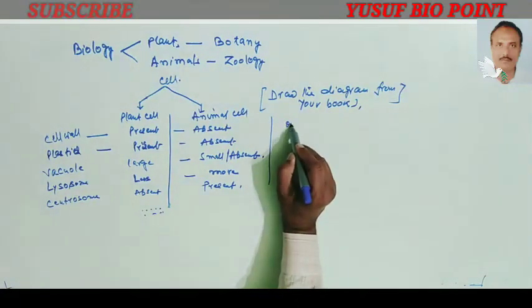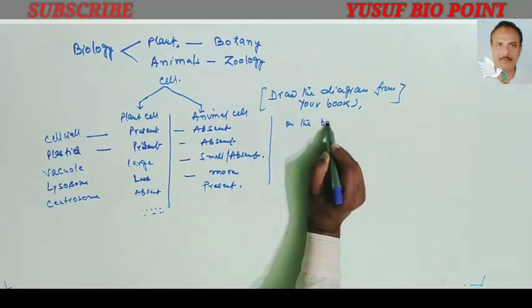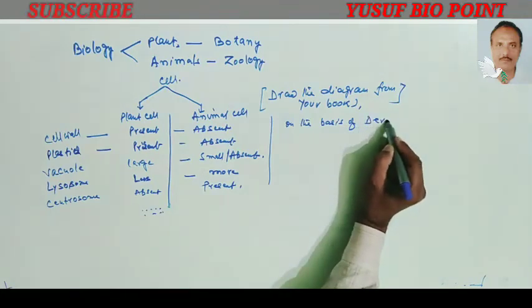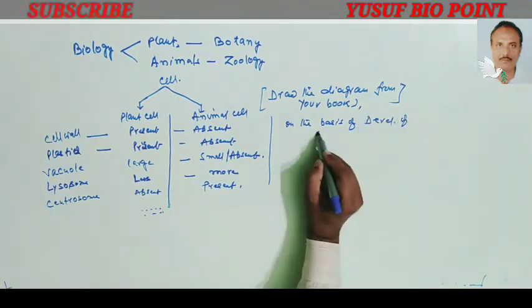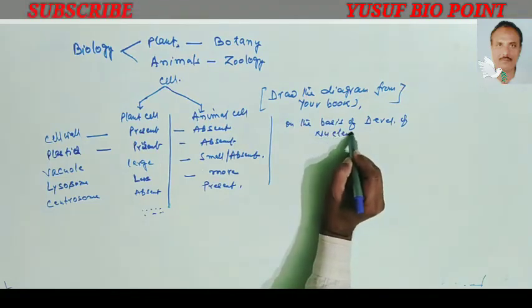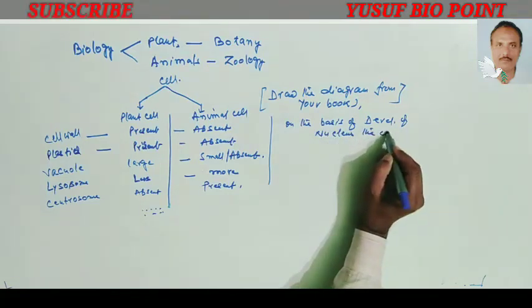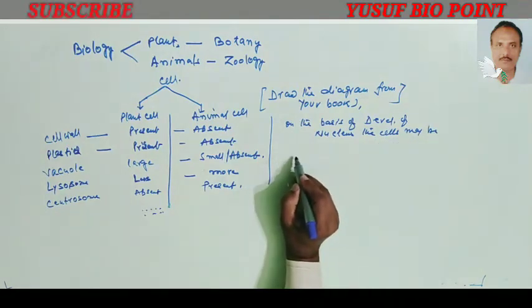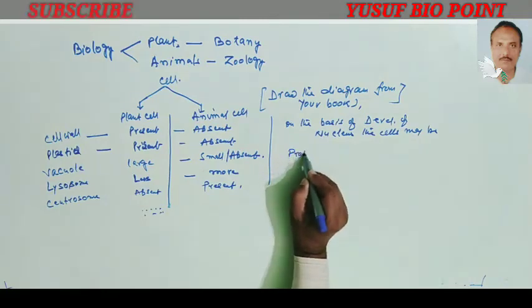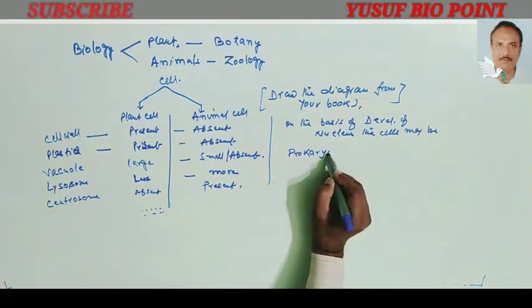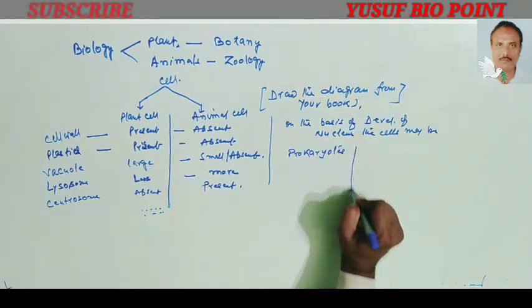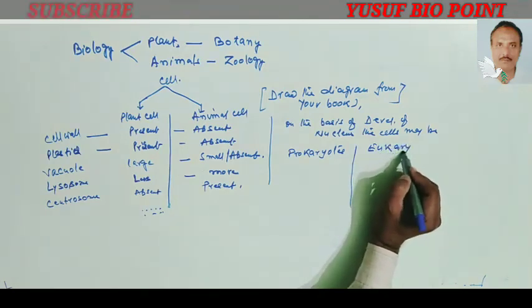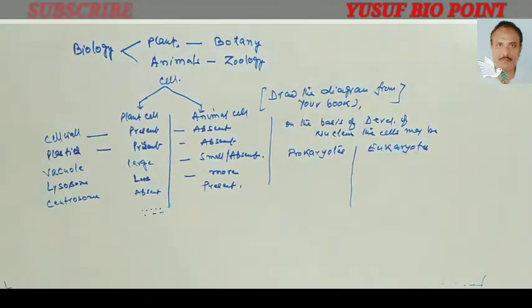On the basis of development of the nucleus, cells may be prokaryotes and eukaryotes.